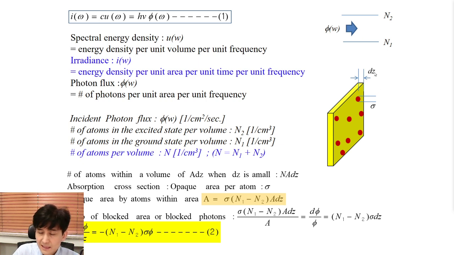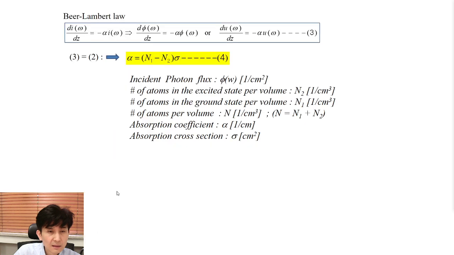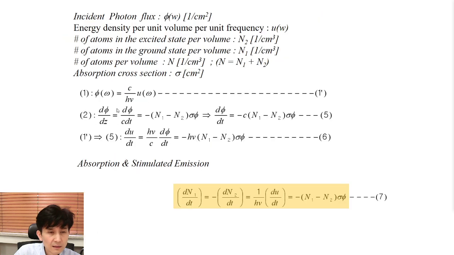So dz is just c times dt. So we replace dz with c times dt. Then from equation 2 we have d phi over dt instead of d phi over dz equal to c times n1 minus n2 times sigma phi.